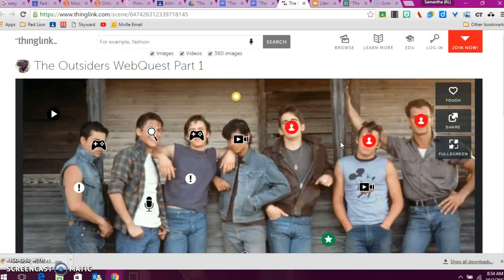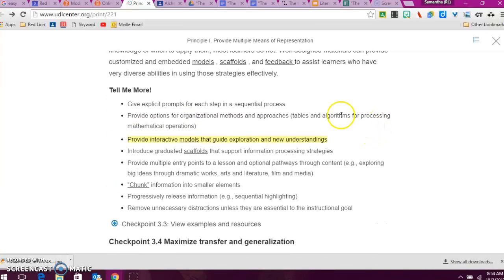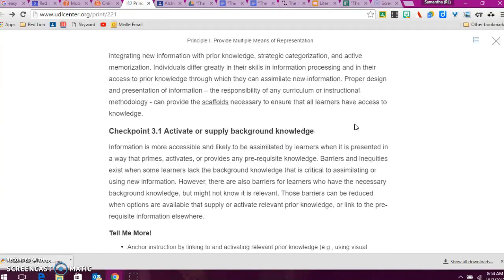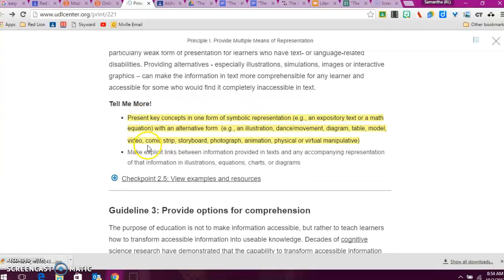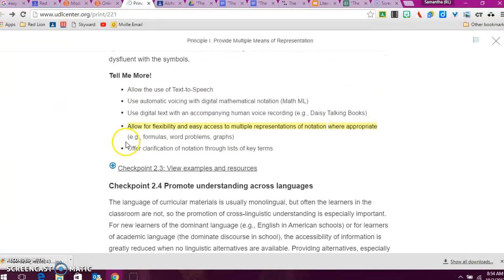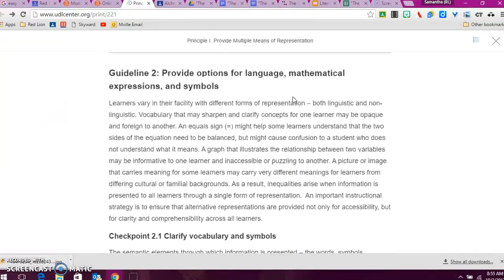So on page 225 of Rice, as well as the different principles in the UDL guidelines, they talk a lot about interactive models, which I'll show you where that comes up, but they talk a lot about using video, using audio, having some kind of, so here it is, video, an alternative form, embed visual non-linguistic supports for vocabulary clarification, which I did because a lot of this is new for them, and really just talking about making the engagement beyond just words.